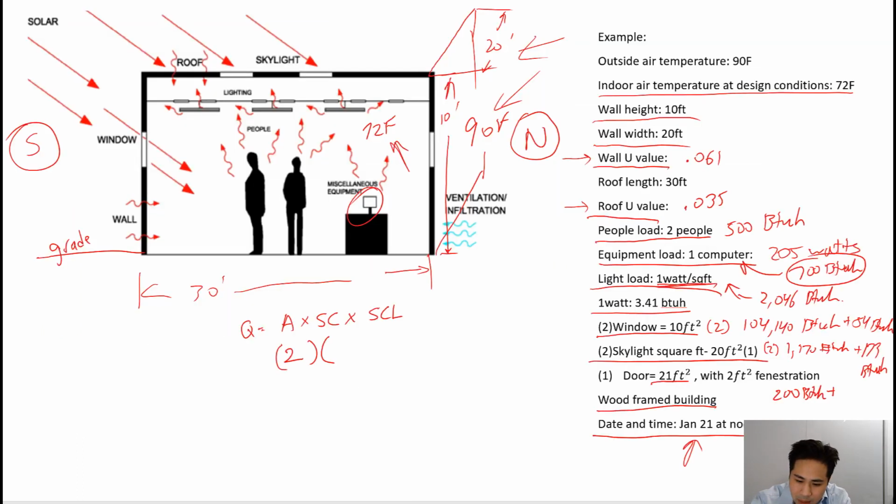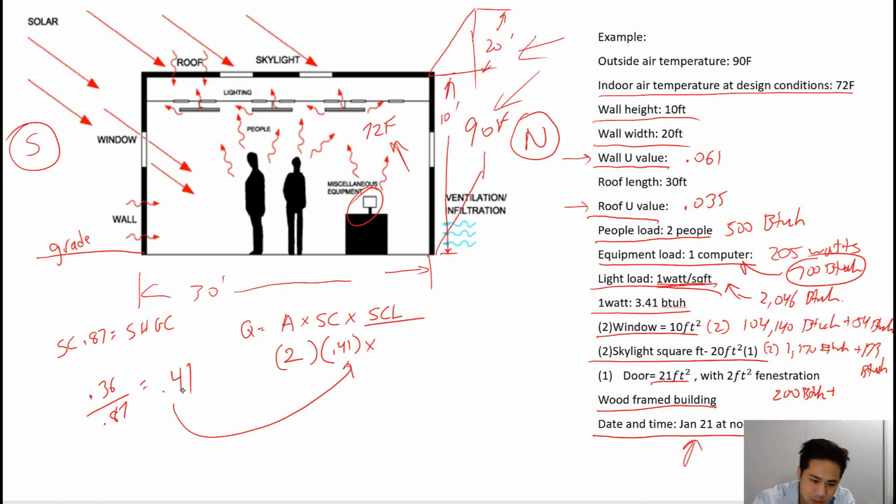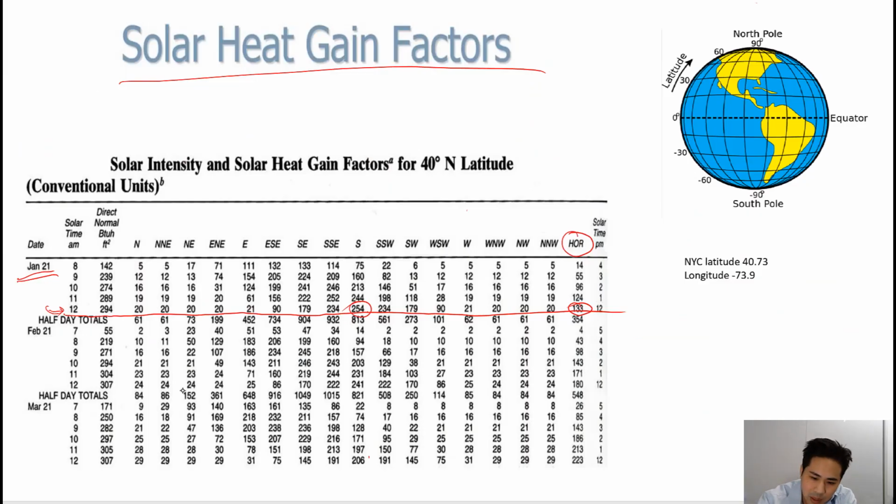And if you go back to get the conversion, it's 0.87 is solar heat gain coefficient. So you divide this by 87. And then 0.41 goes in here. And to get this value, solar cooling load, again, solar heat gain factor is another term for it, we need to use the right orientation. In this case it's the north, and the value is 20.